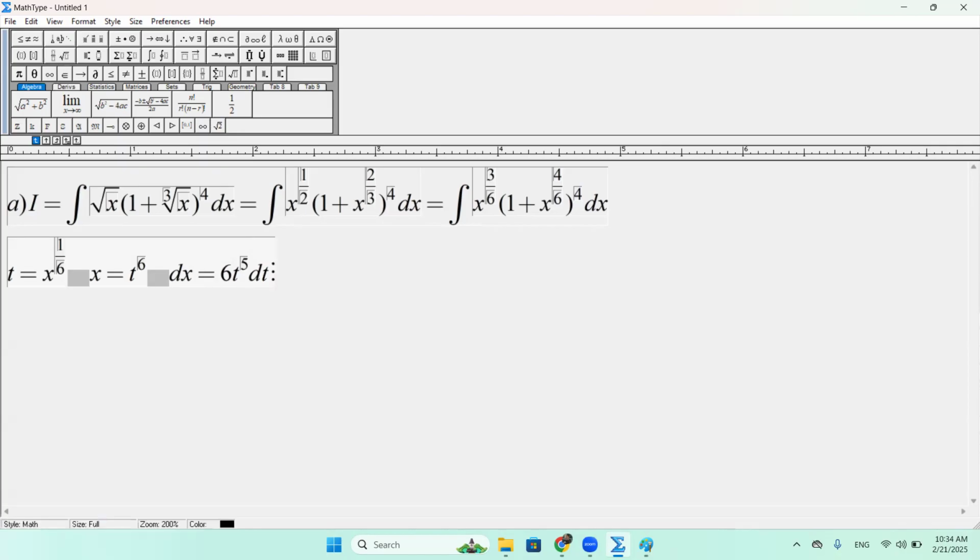Then x in power of 1/2 equals t cube, and x in power of 2/3 equals t in power of 4.